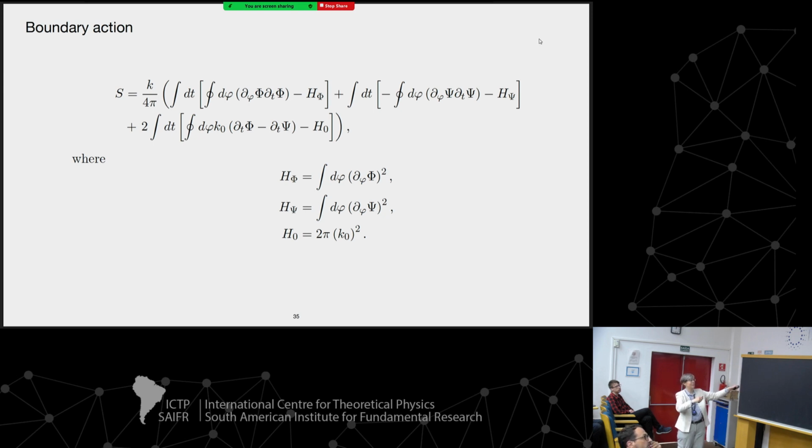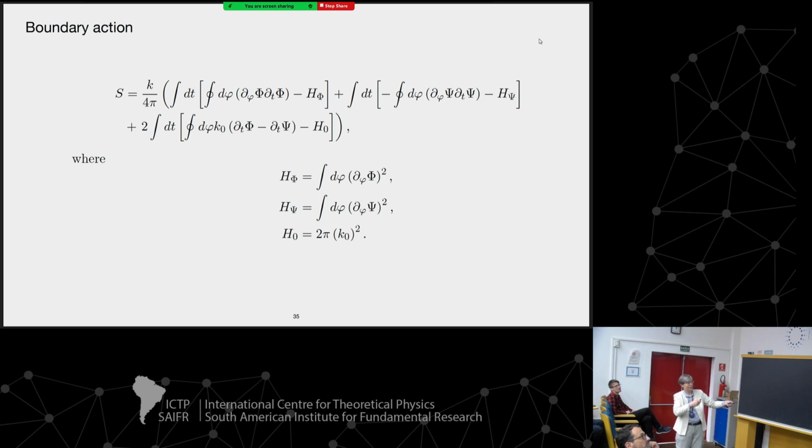Never mind the details, you have one action on the left-hand side and one action on the right-hand side. The key point is that this holonomy, this H0, gives a contribution that couples the two things. That's again the same that we had before. There's a non-factorization which comes from this holonomy. It couples the two sides.